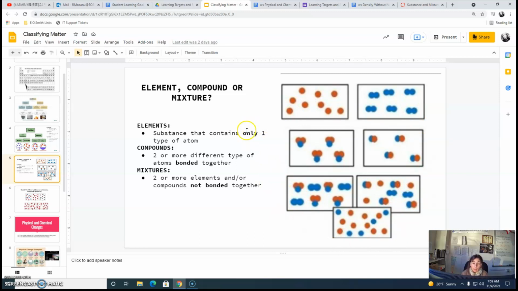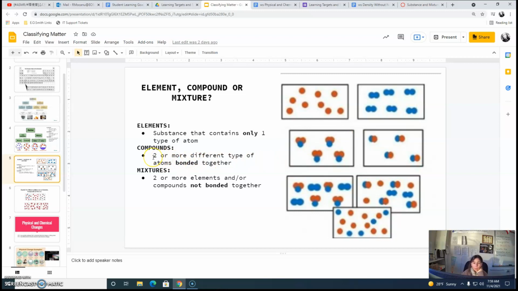If I'm only looking for one type of atom, I'm looking for one color only, and all my dots should be identical to each other. Obviously all of these diagrams here have more than one color in them, so they would not be representative of elements. But these two at the top have only red and only blue, so these would represent elements.